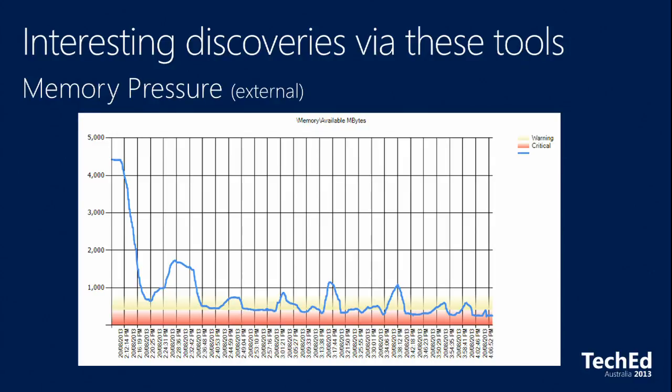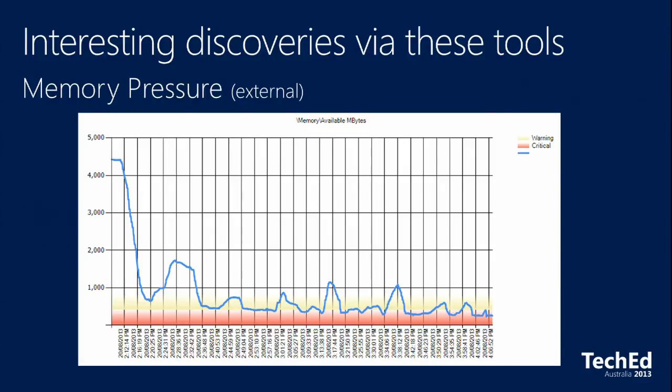But in this particular case, there was memory pressure happening. This is memory pressure external to SQL Server, just within the operating system. And we can tell straight away that something loaded up initially and took a whole lot of memory away from the operating system. From that point, I was looking at it going, okay, there are some issues happening there, and it turned out to be another SQL instance that was misconfigured.